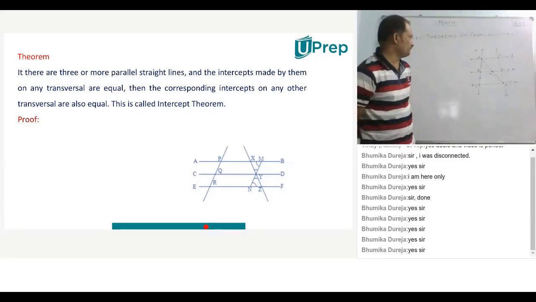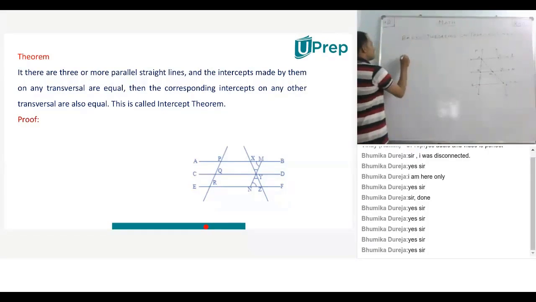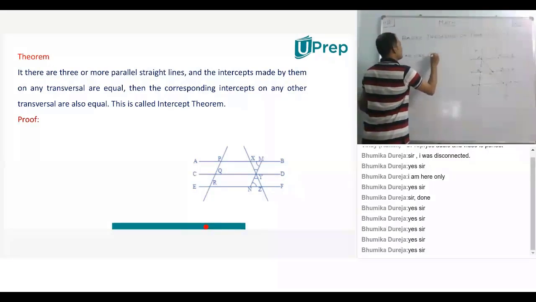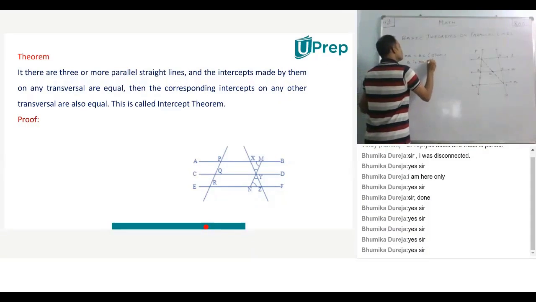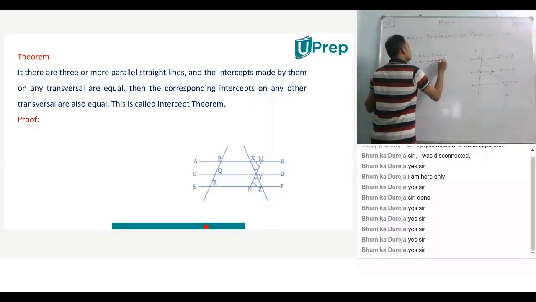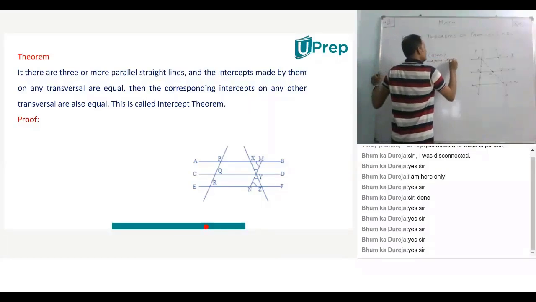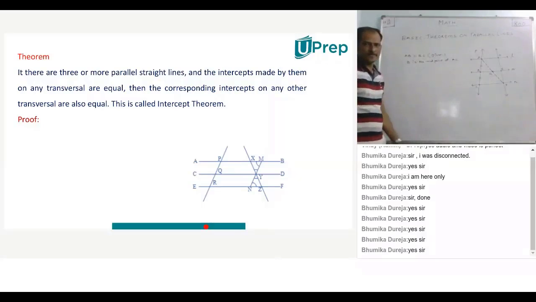Next line. AB is equal to BC, given. Therefore, B is the midpoint of AC. Now write down.